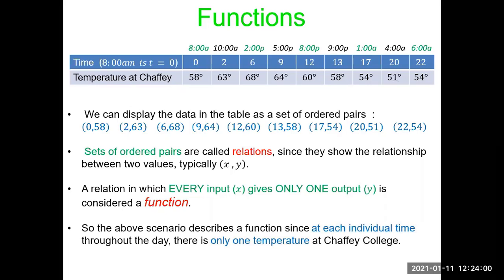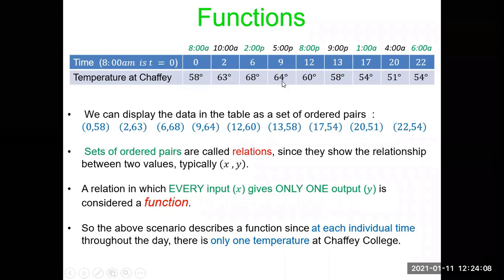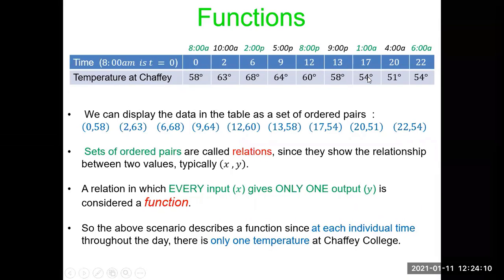I mean, if we take a look at the above scenario here, we know that it describes a function because we're saying every time gives me only one temperature. For instance, it's not possible that it's 68 degrees and 85 degrees at 2 o'clock p.m. Okay, now obviously in different parts of the world that could be true, but if we're standing in one spot, I can't have two temperatures at the exact same input of time.